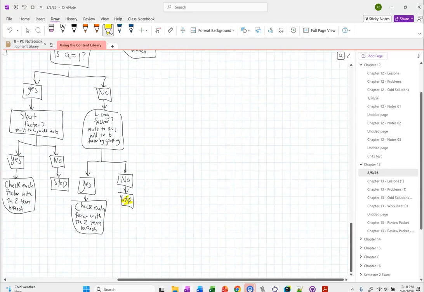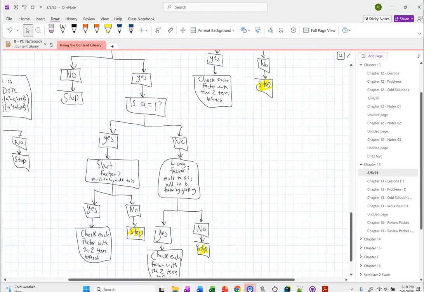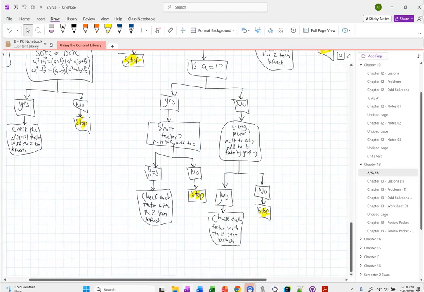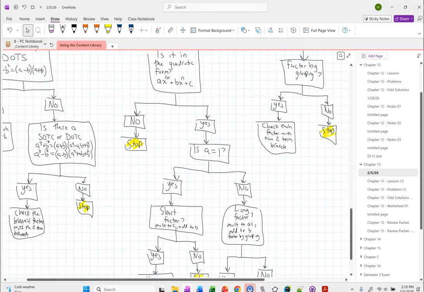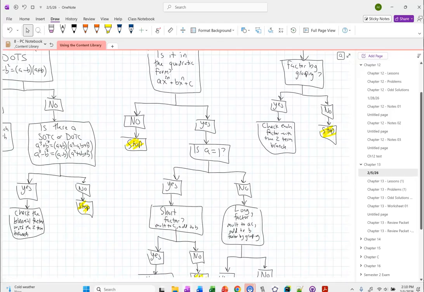All these places where there's a stop, we're going to end up extending this factoring diagram by the end of this chapter. So we're going to build this thing out and give us more options that we can try to continue factoring things. Everybody good so far?